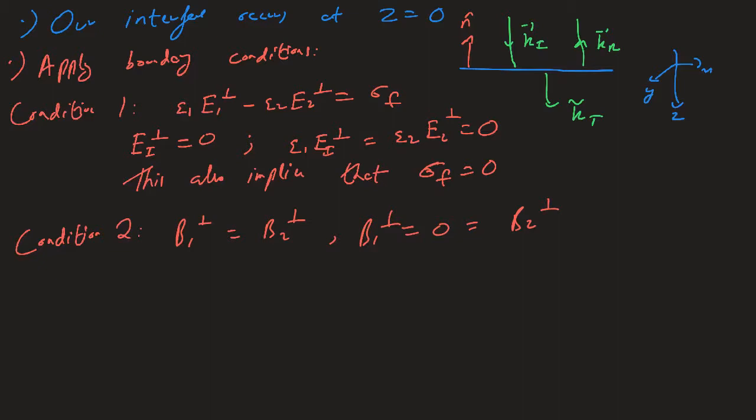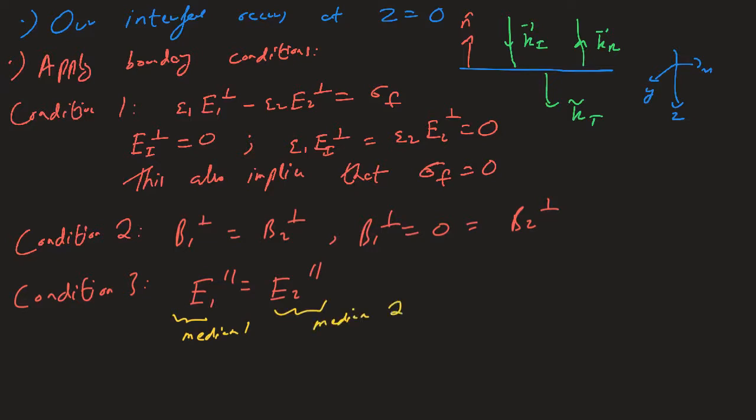Okay. Now let's look at boundary condition 3. Boundary condition 3 tells us that E1 parallel is equal to E2 parallel. Now we're actually getting somewhere. So what this allows us to write, what's the total electric field in medium 1? So this is medium 1, and this is medium 2.